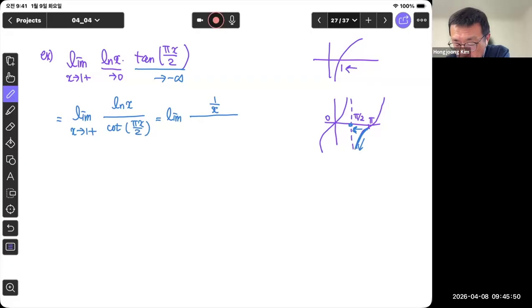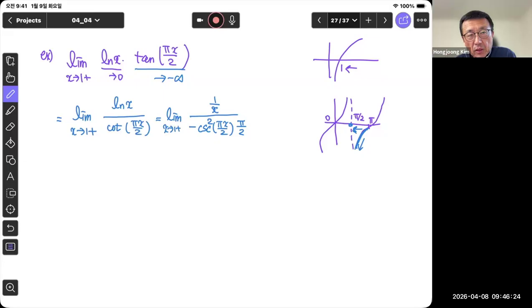You get negative cosecant squared multiplied by the derivative of pi half x. So that will give you pi half. Now, what is the limit of this as x approaches 1 from the right?